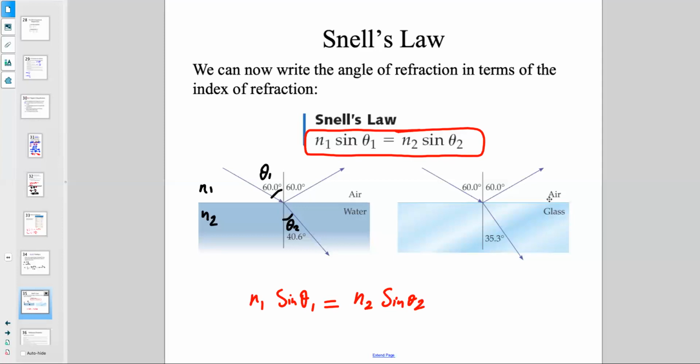So again, here the first substance, or the first part that this light is going through, is air. For example, here I have n1 being air and n2 being glass, and then you can see that there is a difference between water and glass. So glass is denser, okay, with respect to water. So that's why we have a smaller angle here compared to this. This is 40.6, this is 35.3, because glass is denser than water, okay?